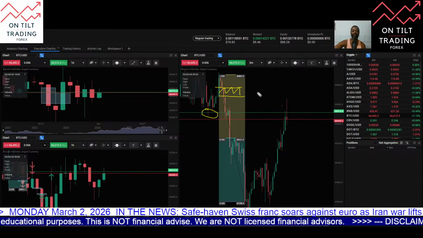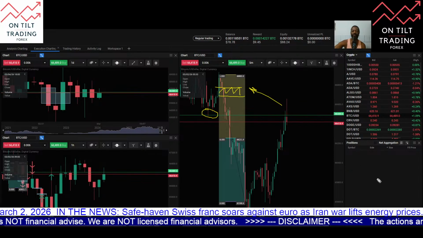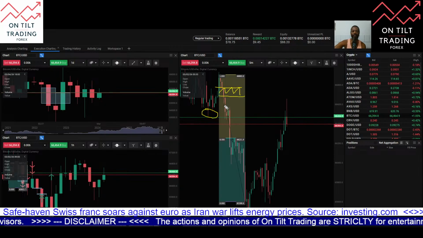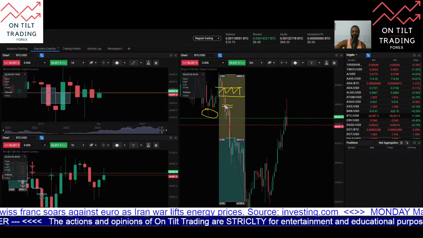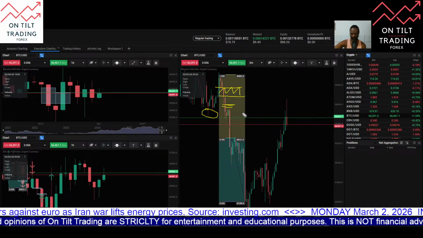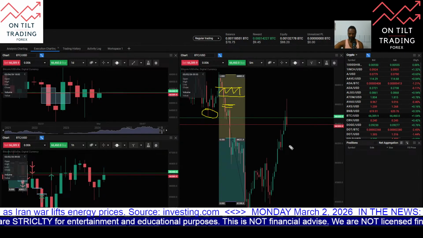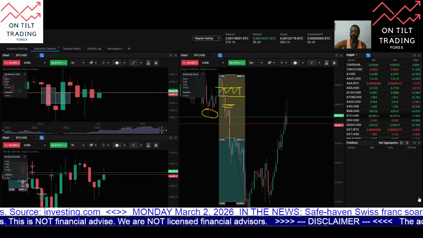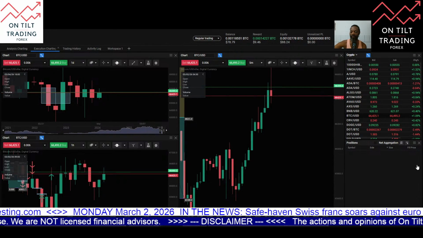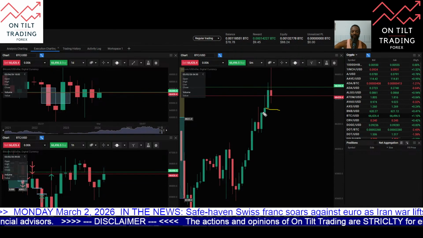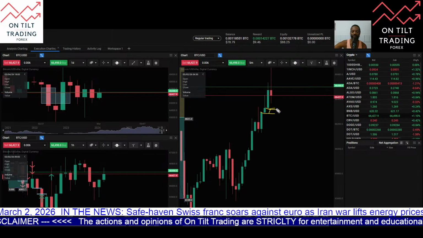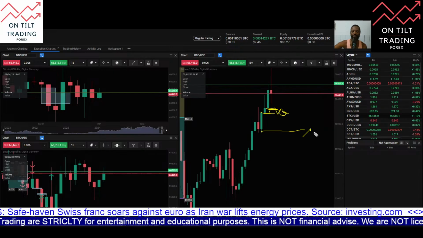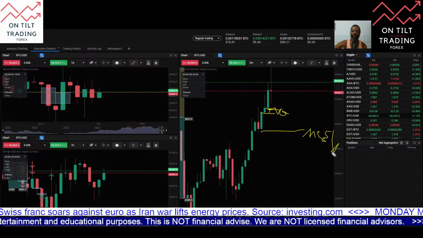Price failed to reach into this fair value gap, but price did trade into this previously traded into gap. Price would have quite a ways to go if it were to deliver to the sell side. Now also there is a bullish fair value gap right here. This would be the market structure shift level here to the sell side.